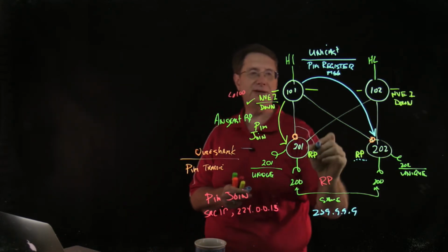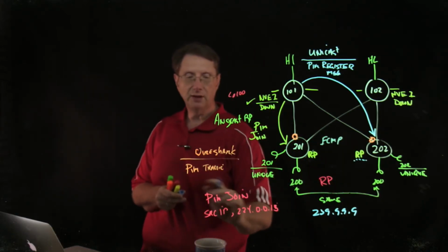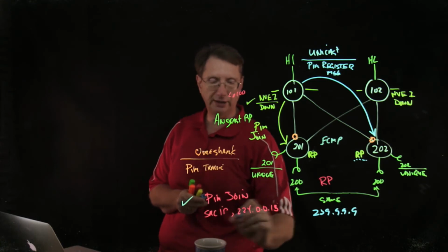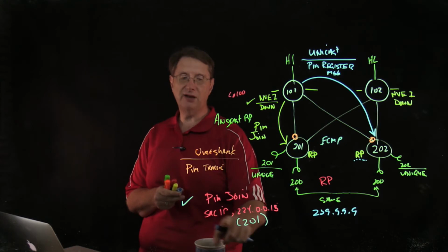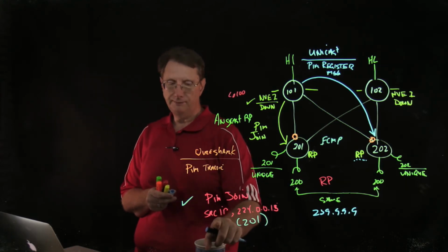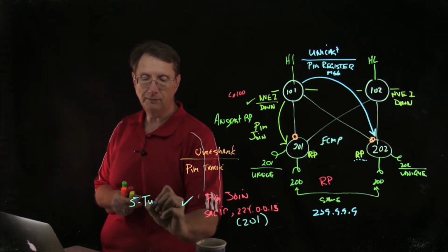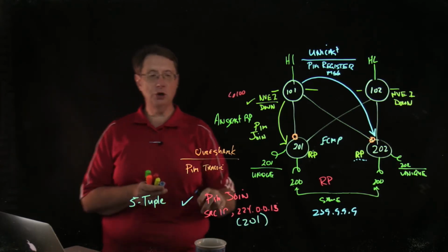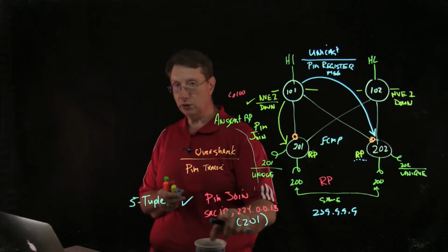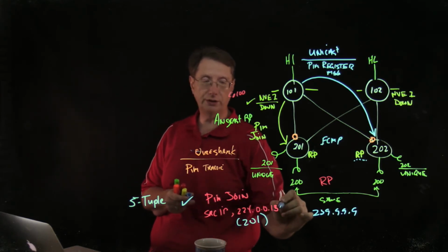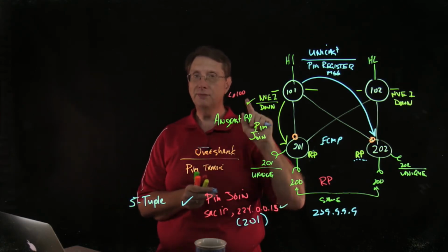Now remember, we talked about the benefit of equal cost multipathing. Since this join message that we saw actually went to spine 201 in our case, what's happening here is that this is a different flow. Remember we talked about the 5-tuple? The 5-tuple: my source IP, my destination IP, my source port, my destination port, and my protocol, which is going to be 224.0.0.13, constitutes one flow.